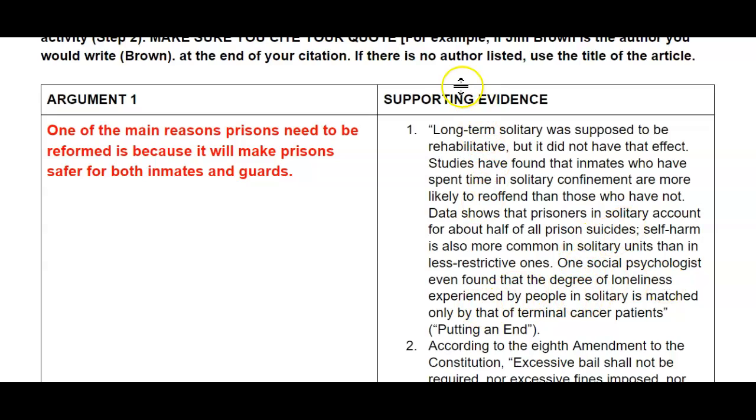Now, what you want to think about is how you would use this point when you're having your discussion. How would I use this statistic or this fact to support my argument point here? Well, what I could talk about is how one of the prison reforms I might be suggesting is that solitary confinement is something that should be abandoned in prisons unless it's under extreme conditions.